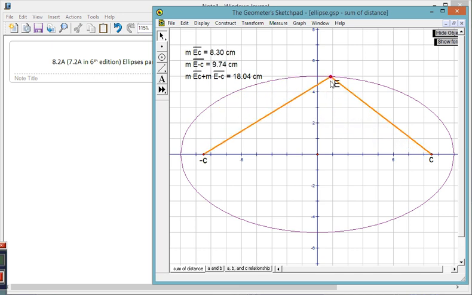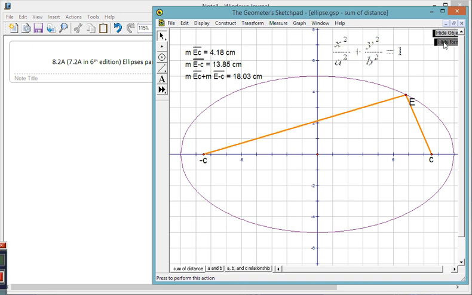We could derive the formula for an ellipse the same way that we did the parabola. It's a little more in depth, and I don't want to use up the whole video deriving it, because really all you need to know is what the final formula says. This is what the formula looks like: x squared over a squared plus y squared over b squared equals 1.